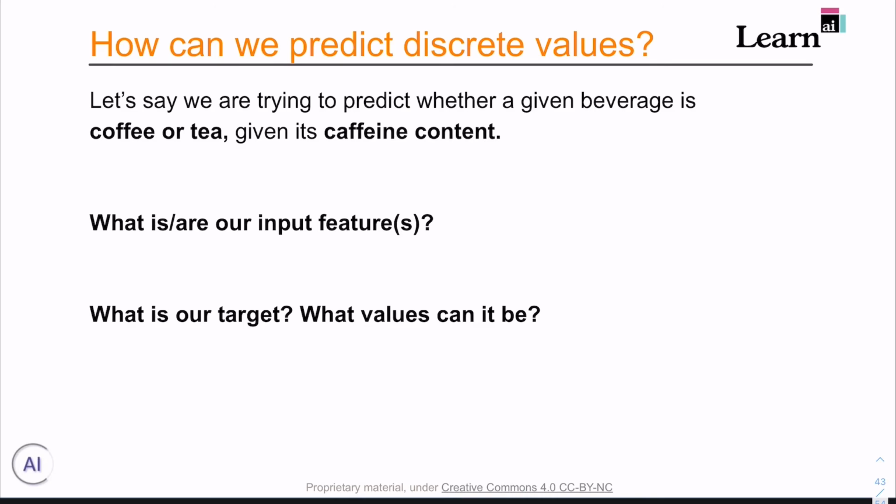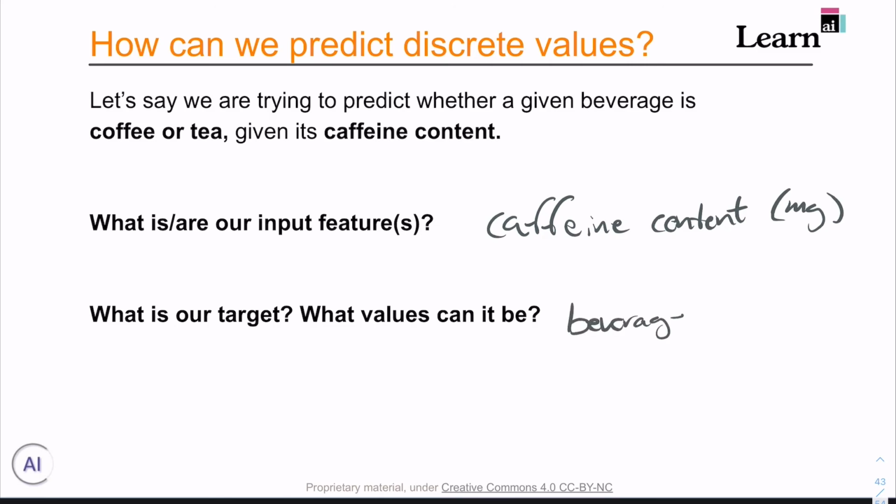So what is our input feature? It's caffeine content, right? We want to predict based on caffeine content. That's the only thing we want to predict on. So we have one input feature and it's caffeine content, and that's going to be measured in milligrams. And then what is our target? Our target is beverage type. What values can this take on?